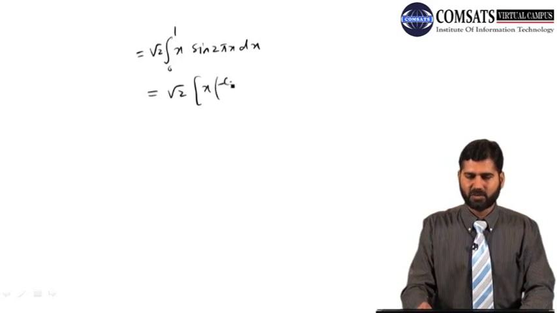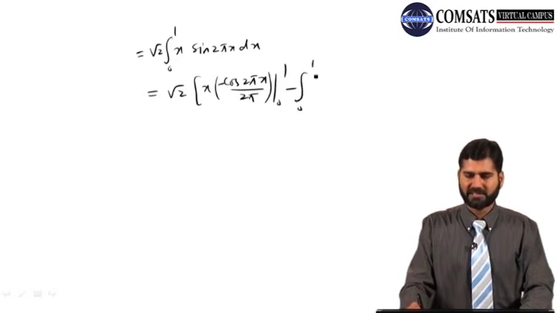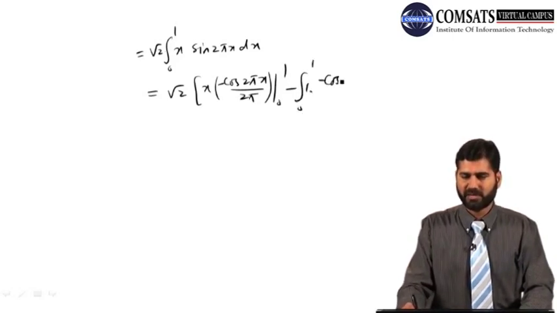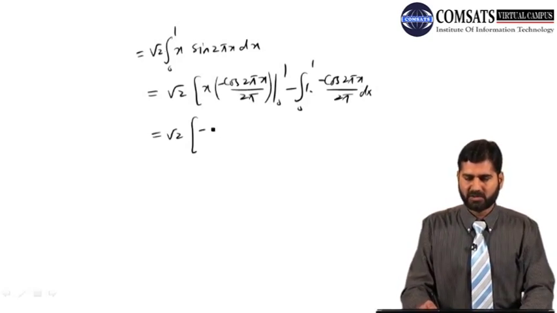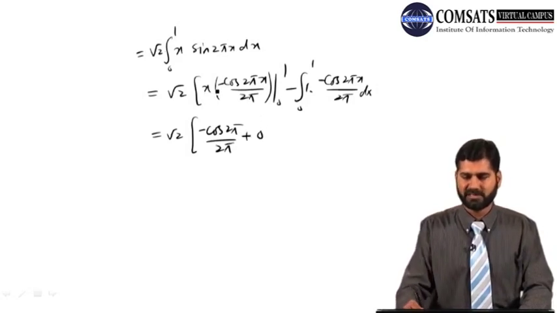The integral of sine is minus cosine(2πx) by 2π, from 0 to 1, minus the integral of 1 times minus cosine(2πx) by 2π dx. Here you get minus cosine(2π) by 2π, and the 0 endpoint makes it 0 because x is 0.